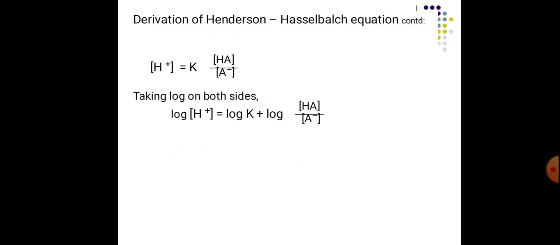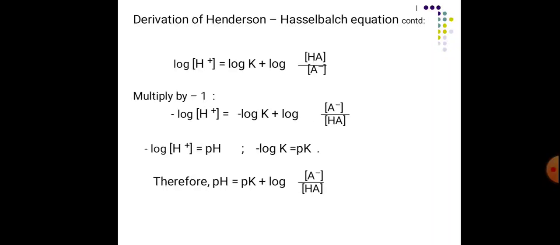That is log H plus is equal to log K plus log HA by A. Multiply negative 1 on both sides, what will happen? Minus log H plus is equal to minus log K plus log A by HA. What is minus log H plus? It's pH. And what is minus log K? It's pK. So, pH is equal to pK plus log A by HA.